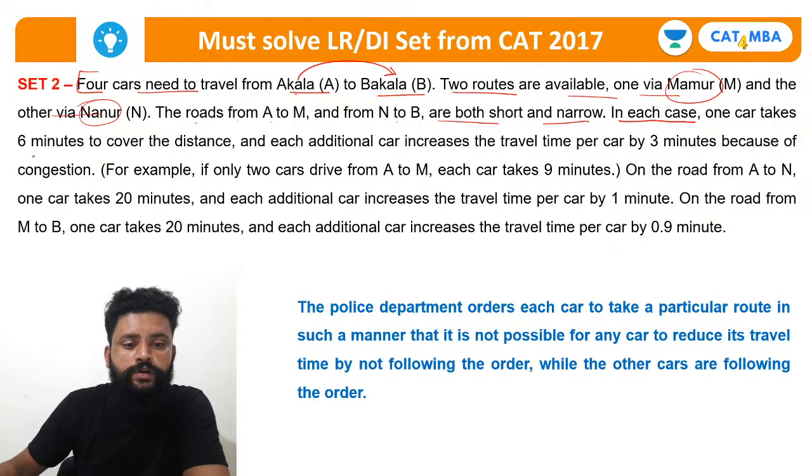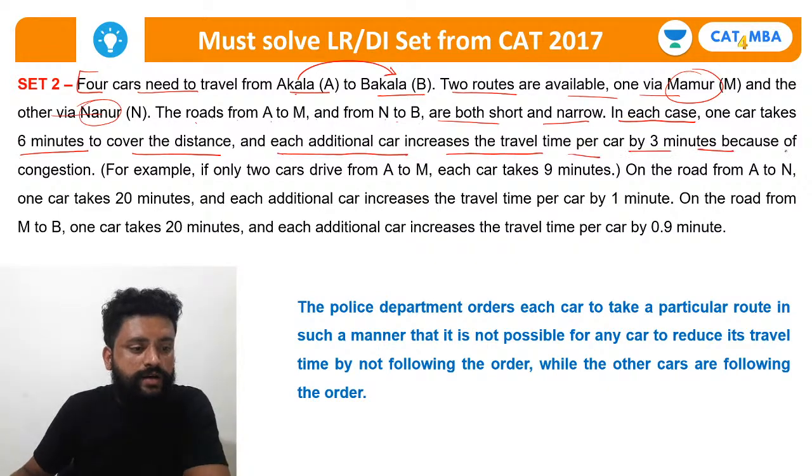In each case, one car takes 6 minutes to cover the distance, and each additional car increases the travel time per car by 3 minutes because of the congestion.